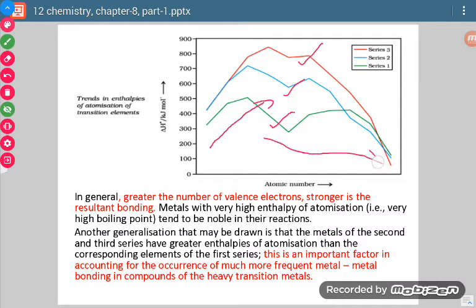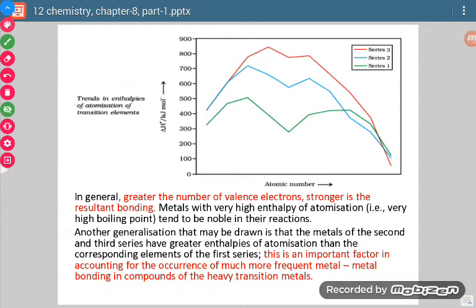Why is this type of graph obtained? Because the number of unpaired electrons starts increasing from the beginning, reaches the maximum value, then again starts decreasing.